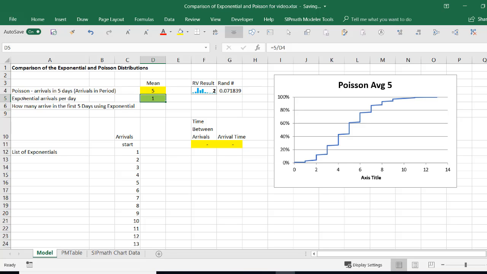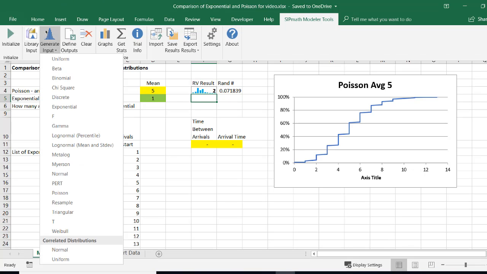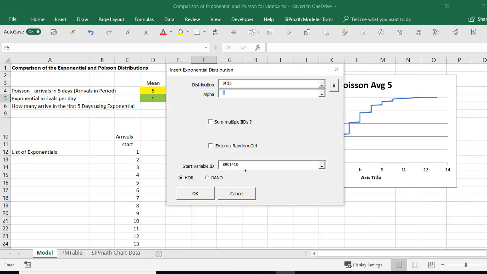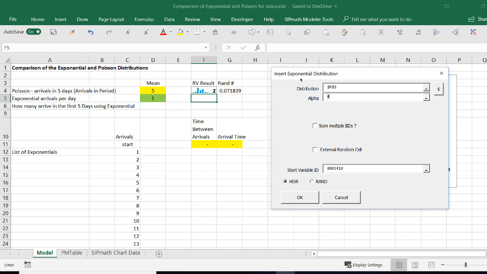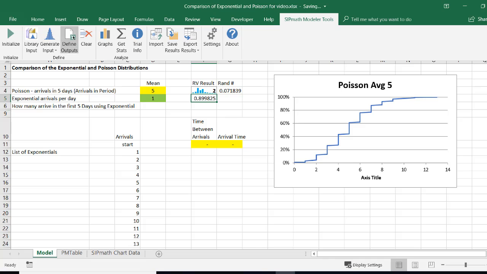Now let's generate that random variable. SIPmath, generate input, exponential, and it's going to have a mean of 1. And we'll define that as an output as well, so we can look at that.